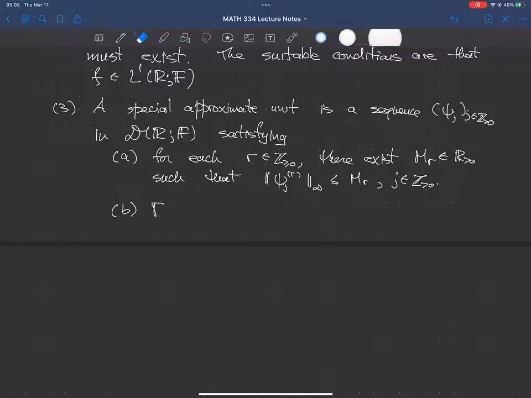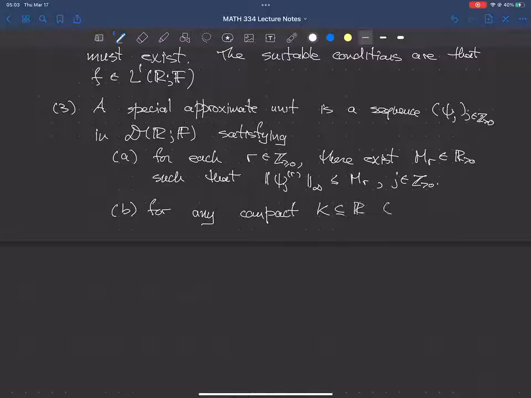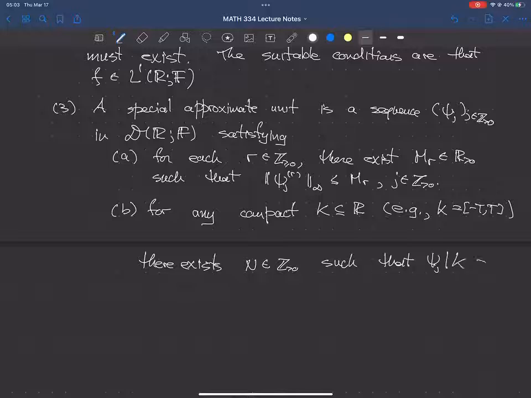So for any compact K, and you should think in your mind K to be, say, minus T to T, there exists an N such that psi j restricted to K is equal to 1.